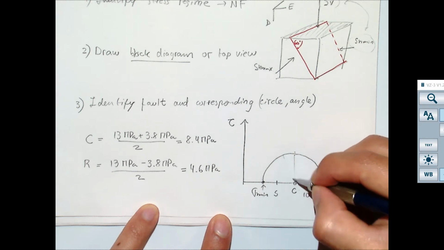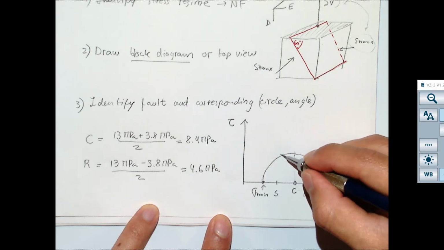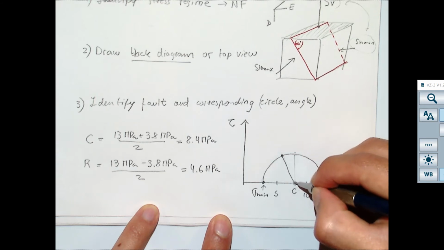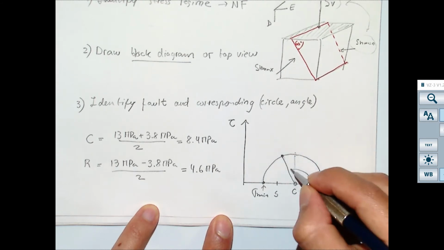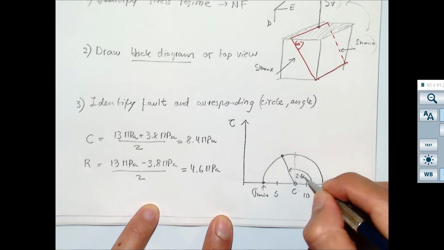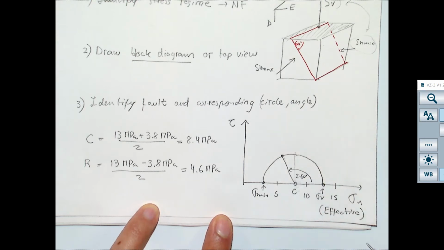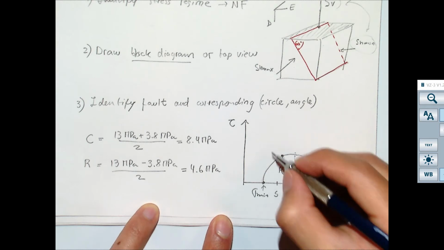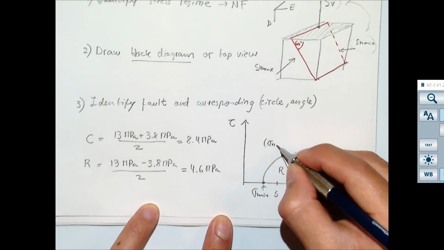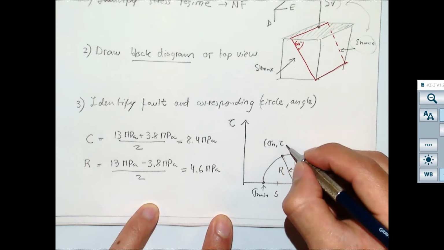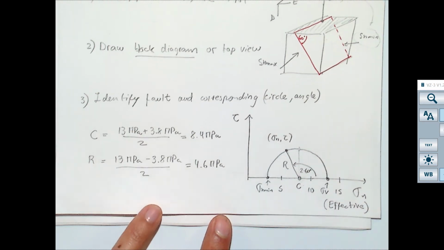Therefore, it's going to be a point somewhere over here. And this is 2 times 60 degrees. And this is the radius, and now I can calculate what is tau and sigma n.